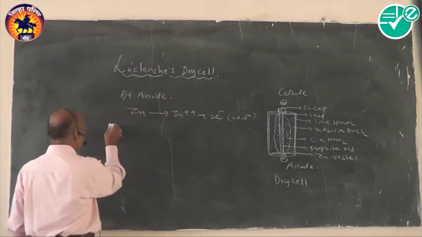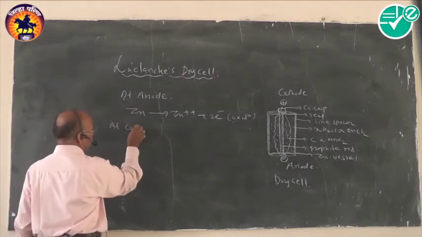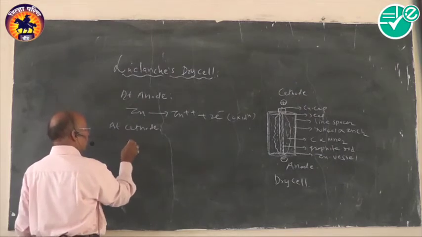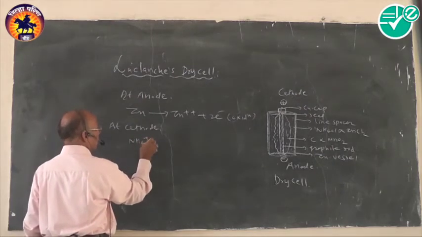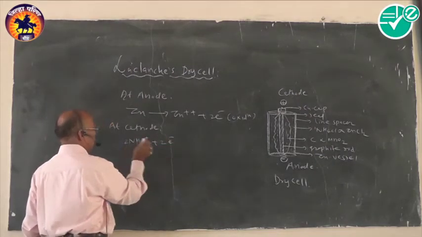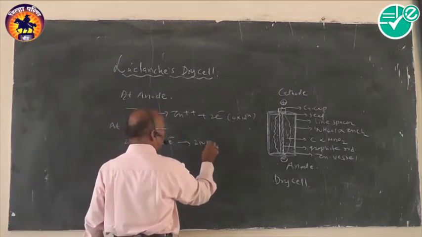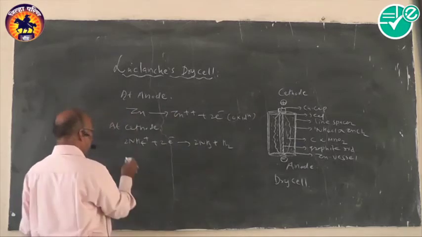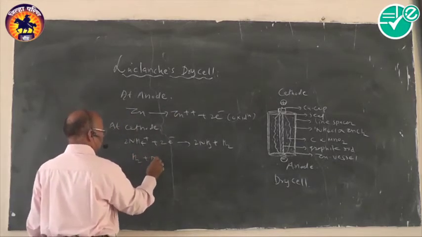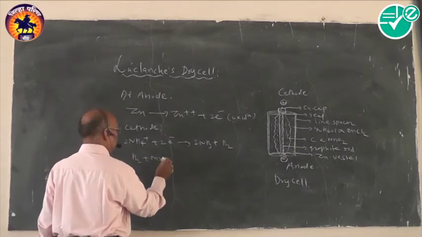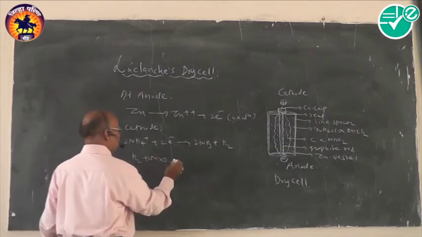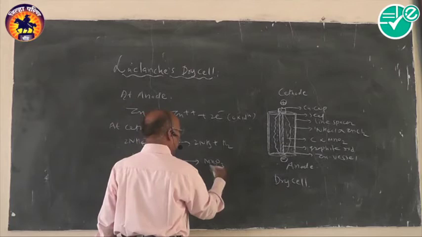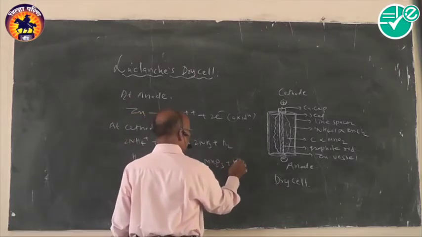What is the reaction occurring at the cathode? At the cathode, 2 electrons reduce the ammonium ions, forming ammonia along with H2 gas given out. This H2 gas reduces manganese dioxide, forming Mn2O3, dimanganese trioxide, along with water molecules.